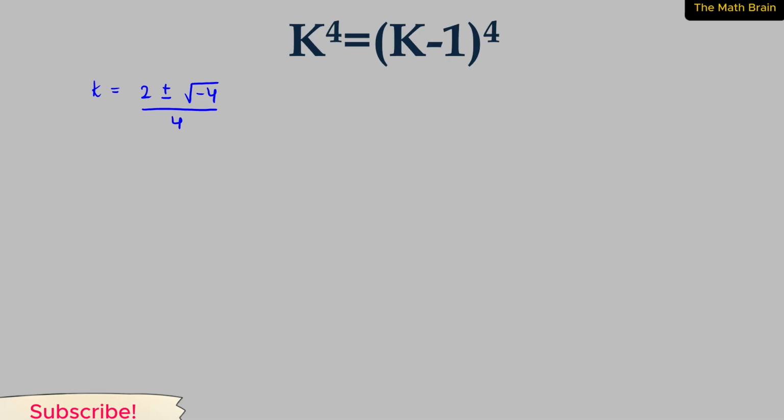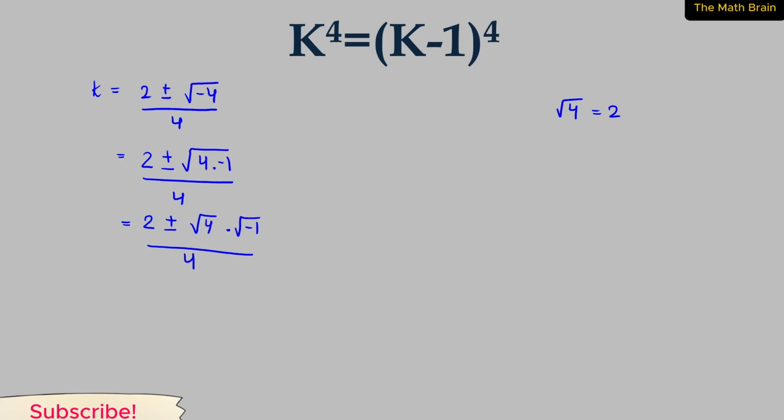Now the value of under root 4 is equal to 2. But what we are going to do is 2 plus minus under root 4 into minus 1 upon 4. Next, this will be 2 plus minus under root 4 into under root minus 1 upon 4, equal to 2 plus minus 2.